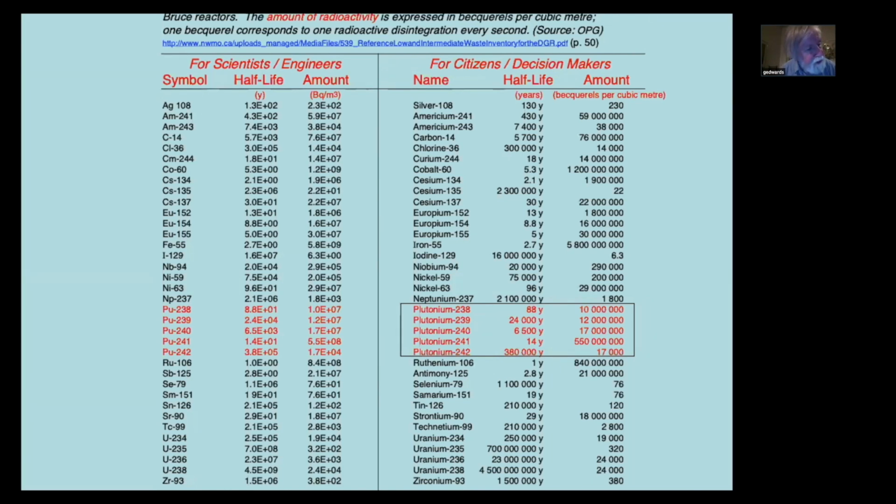Now, there was an unfortunate incident when 500 workers were contaminated by plutonium dust as they were refurbishing one of the Bruce reactors back in 2009, and they were breathing in this plutonium dust for a period of almost 3 weeks.